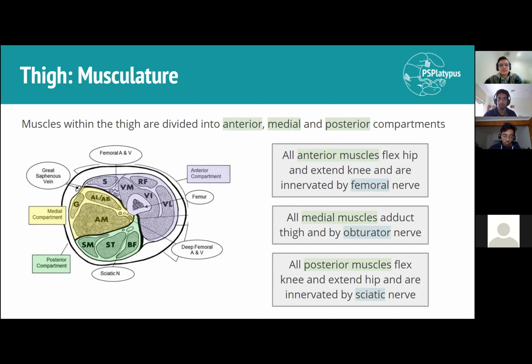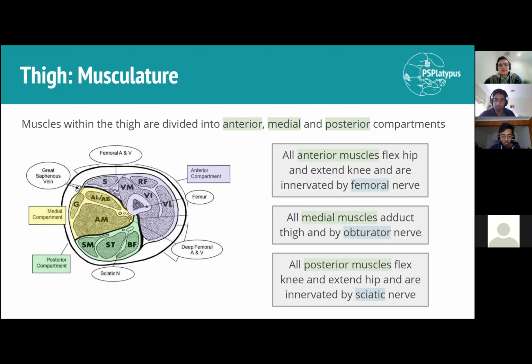This is obviously a general rule, and there are some exceptions as we discussed last week, but the anterior muscles will generally flex the hip and extend the knee, and they're innervated by the femoral nerve. All the medial muscles will generally adduct the thigh and they're innervated by the obturator. And most of the posterior muscles will flex the knee and extend the hip, and they will be innervated by the sciatic nerve.